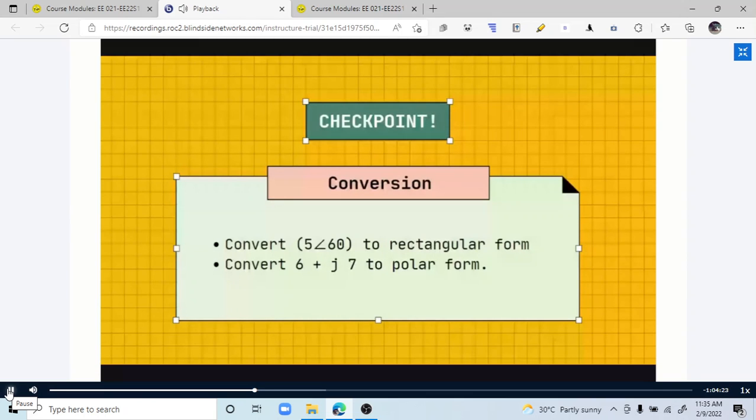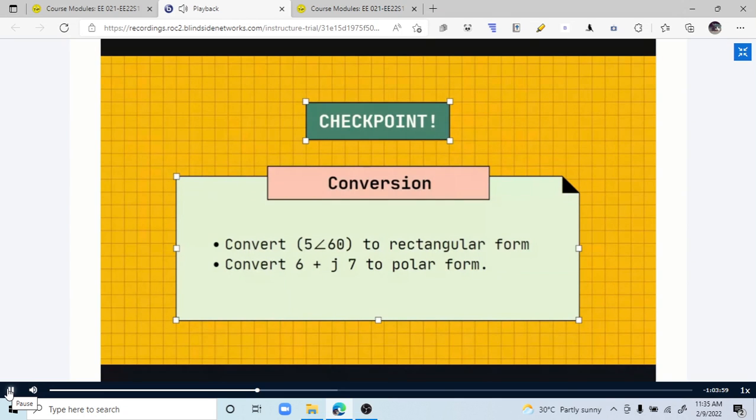Don't forget the i because this is part of our equation. So that is 2.5 plus 4.33i.